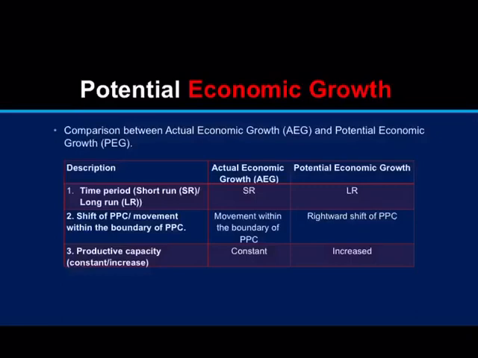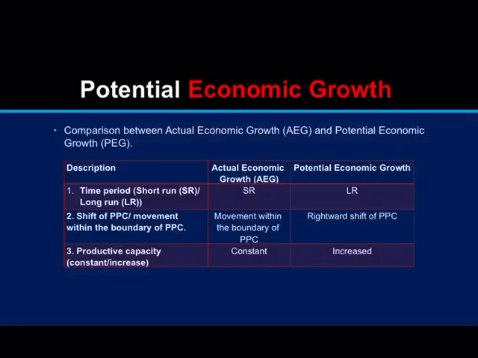Time period. We can say AEG and PEG. AEG is actual economic growth, PEG is potential economic growth. Actual economic growth is a short run phenomenon, whereas potential economic growth is a long run phenomenon.